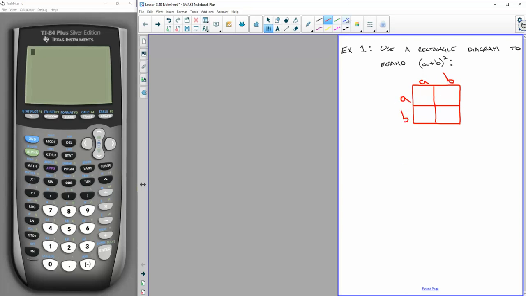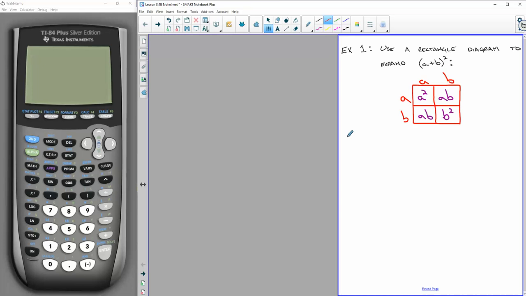Okay. So a times a is a squared. Down here in the bottom right-hand corner, it's b tall and b wide, so b times b is b squared. This one is a tall and b wide, and this one right here is a wide and b tall. All right.